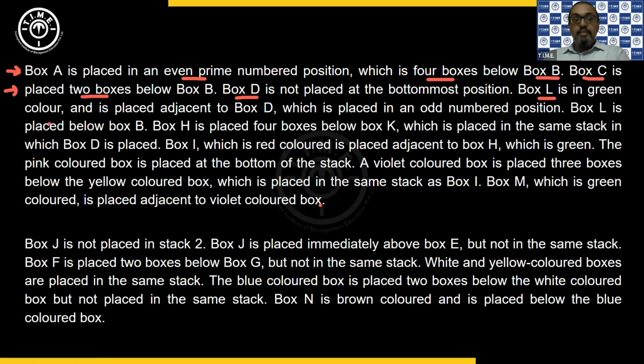Then L is in green color and is placed adjacent to D. Adjacent means it has to be on the same level. But which adjacent? Could be left of D or right of D. I don't know. Which means the box just before it is placed in the odd number position. Okay. So L is adjacent to D, which is in an odd number. And he also says L is placed below B. Okay.